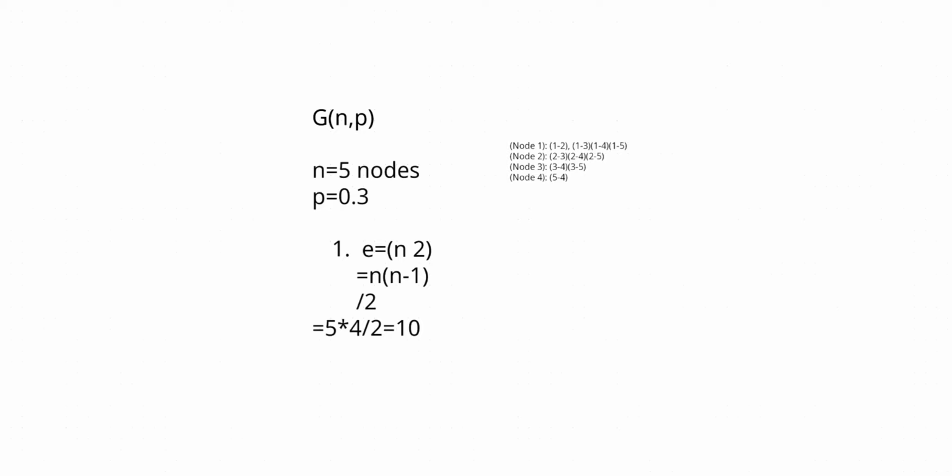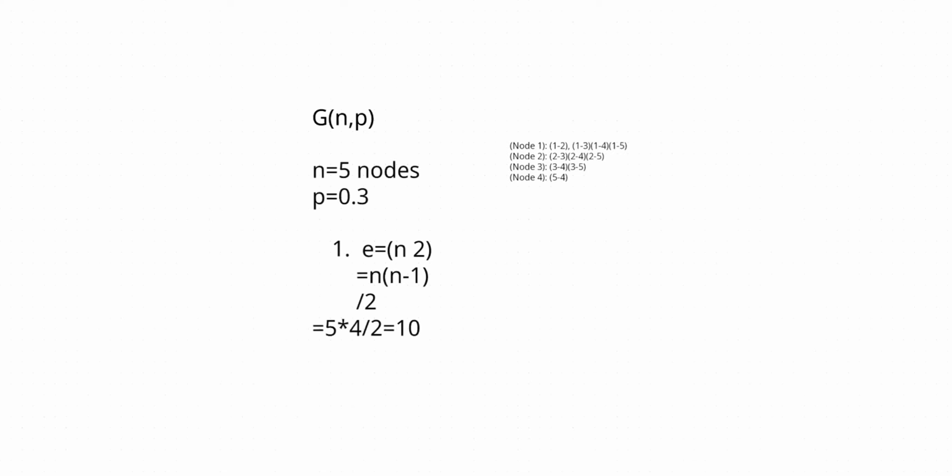Okay, so now the second question: is the graph fixed once we choose N and P? If you think about it for a second, if you choose N equal to 5 and P equal to 0.3, can we always get the same answer?